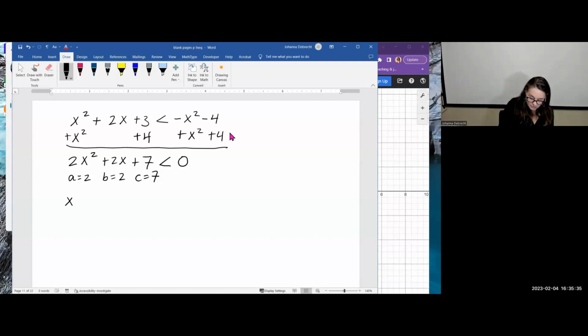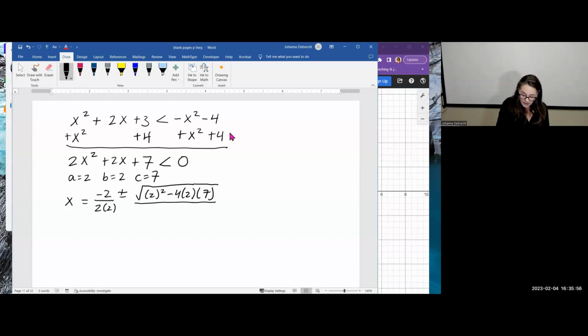So now I'm going to solve for where the x-intercepts are by taking the opposite of b and dividing by 2 times a, and then adding and subtracting the square root of b squared minus 4 times a times c, which I never do in my head, even after all these years, and I divide that also by 2 times a. Now this is going to give me a negative 2 divided by 4 plus or minus the square root of 4, and I'm in trouble because I can tell that what I have under the radical is going to be a negative number.